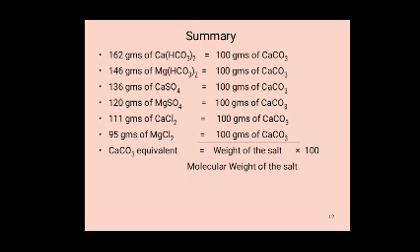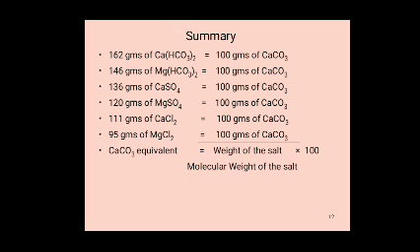Then CaCO3 equivalent weight is equal to weight of salt by gram molecular weight of salt into 100, given as equivalent weight of CaCO3 in ppm or milligram per liter.